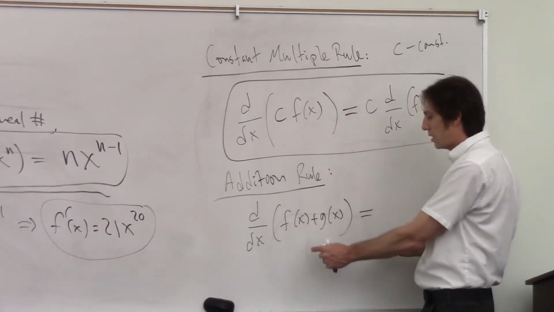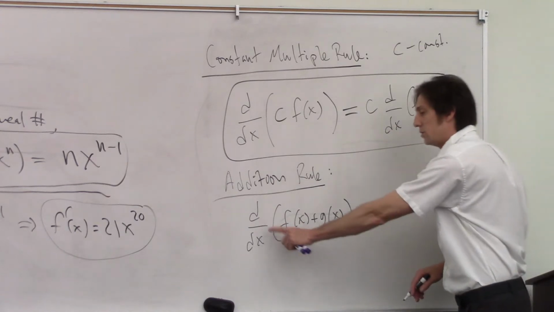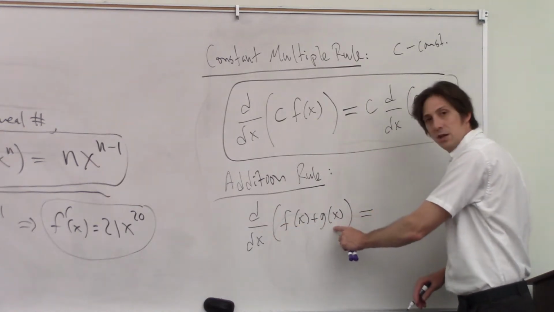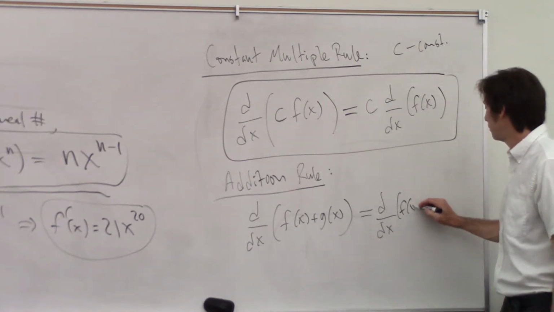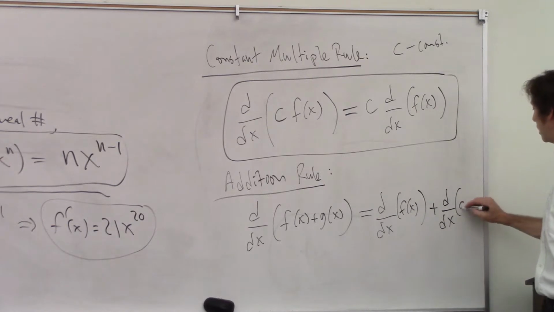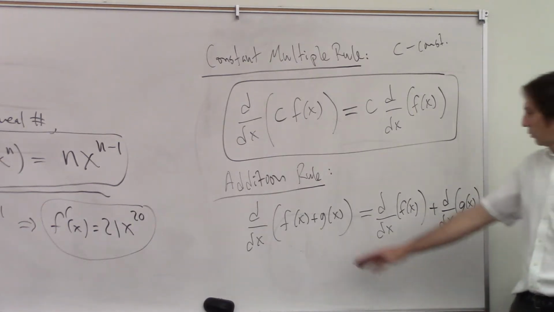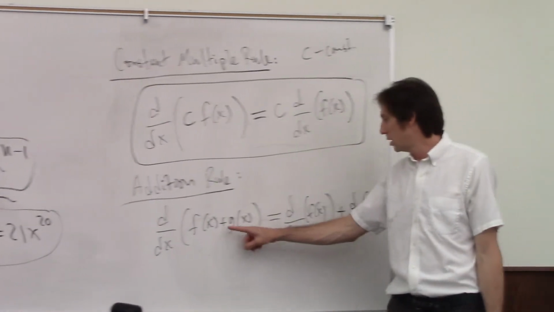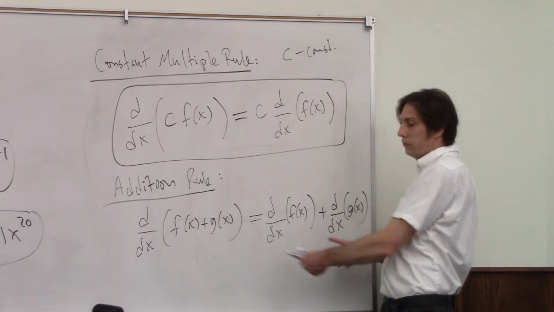And this works out very nicely. It's probably what you would expect to have. If you differentiate f plus g, that's the same as if you do the derivative of f, do the derivative of g, and then add those two derivatives together. Okay, in other words, the derivative of a sum is equal to the sum of the two separate derivatives.